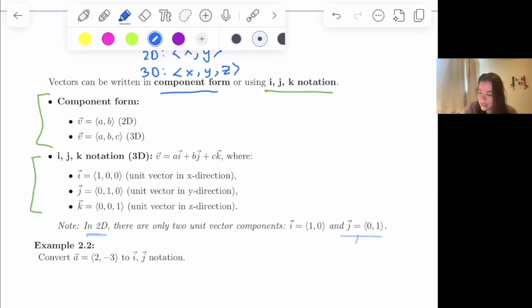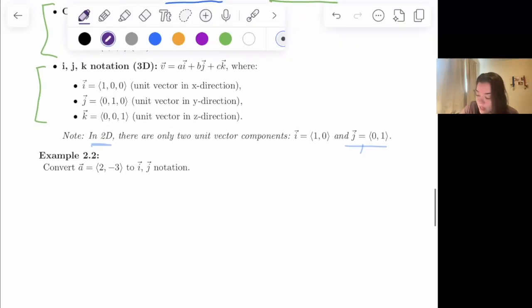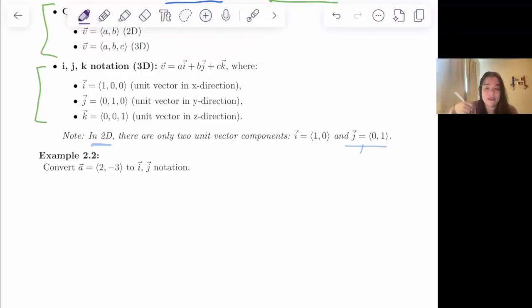So let's just take a look at how you convert between forms. Example 2.2 gives us vector A in component form, and it asks us to convert this to IJK notation. This is not a terrible task. Once you get used to it, you should get good at going back and forth between forms fairly regularly. To take vector A and put it into IJ notation, you just take your first component, your x component, 2, multiply it by the i, plus take your next component, the y, and multiply it by the j vector.